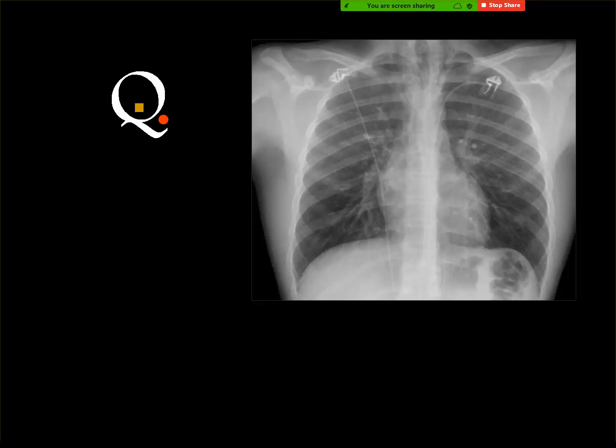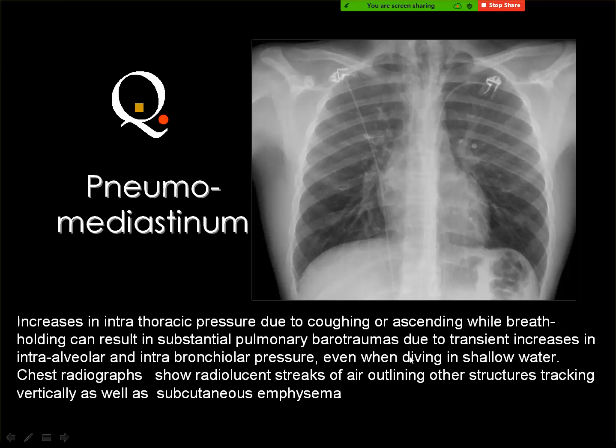Surgical emphysema, in the neck beside the trachea, the double trachea sign. Whenever you see these lines of air in the neck, think of pneumomediastinum.